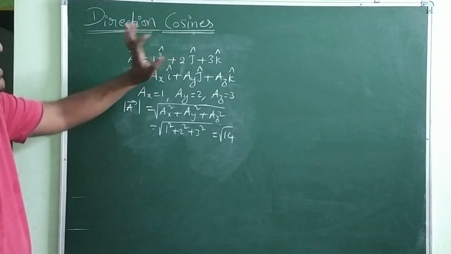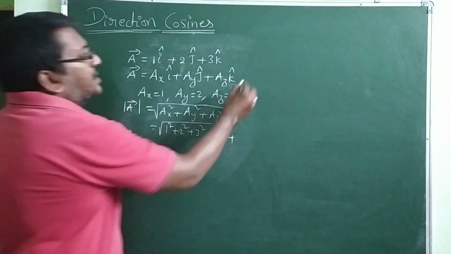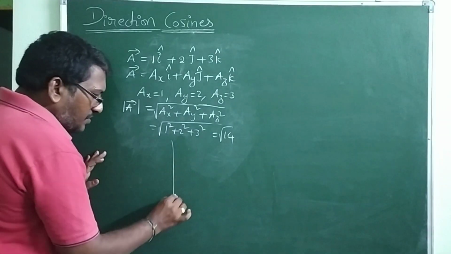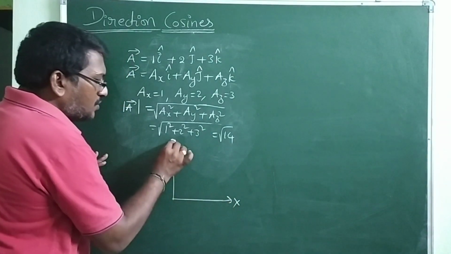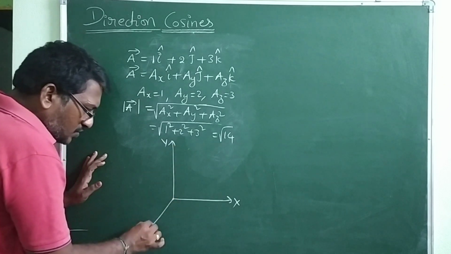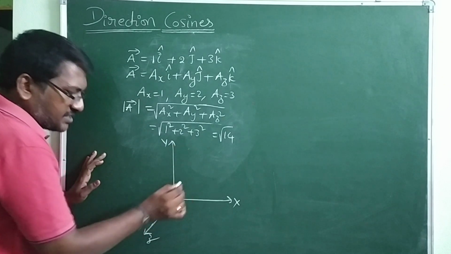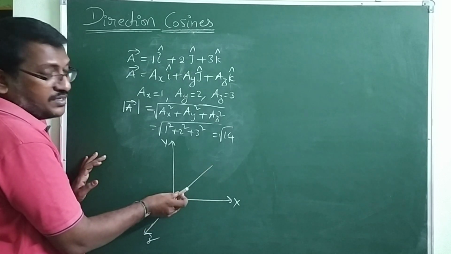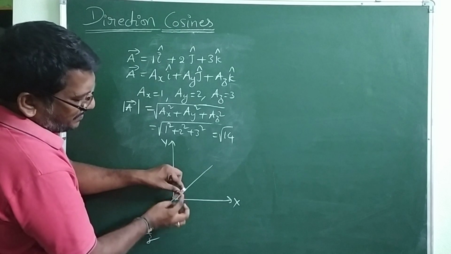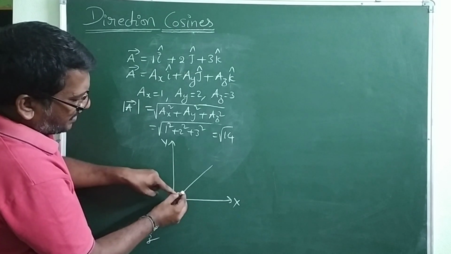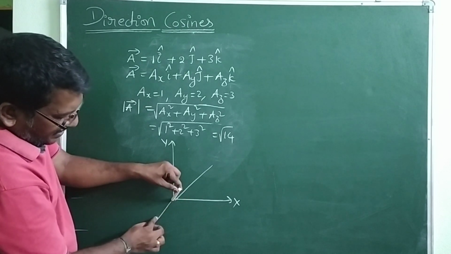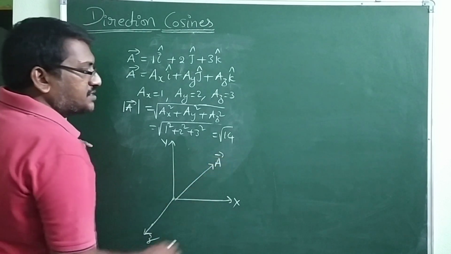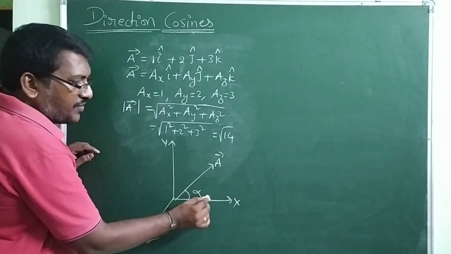I am going to calculate the direction cosines, Nana. That means direction cosines means the angle made by the vector with the x-axis and the y-axis and also the z-axis, Nana. So just I am taking this is the vector now like this. It makes some angle with the x-axis and also it makes some angle with the y-axis and also makes angle with the z-axis, Nana. So you can show like this. Here A bar makes some angle alpha with x-axis.